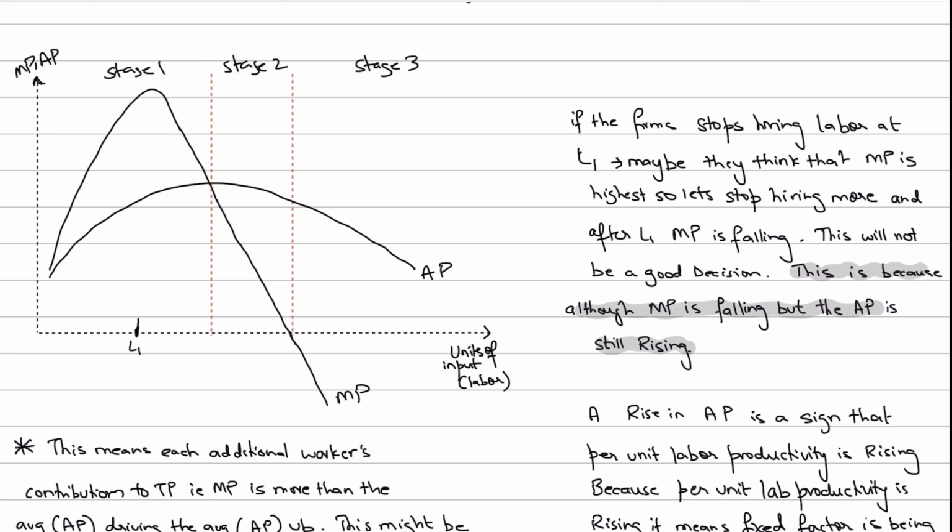So as long as your average product is rising, guys, the firm should keep on employing more workers, because although your marginal product is falling and diminishing returns has kicked in, and maybe labor has started becoming a constraint for the fixed land and capital, they haven't become a constraint to such a massive extent that it pulls the average down as well, right?